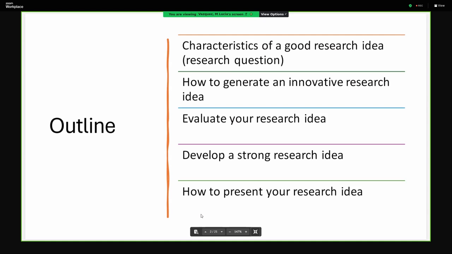Then we develop them further, and towards the end, think about how to present that in your proposal. The next workshops will continue this process of developing a competitive grant proposal.